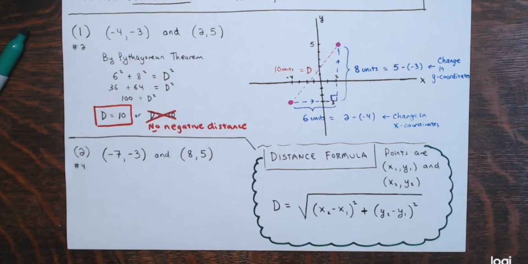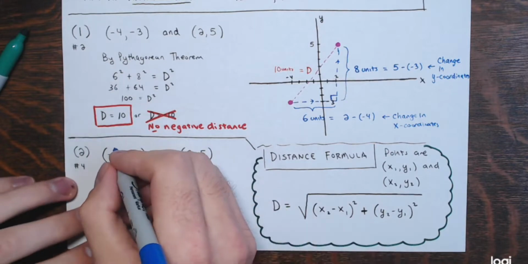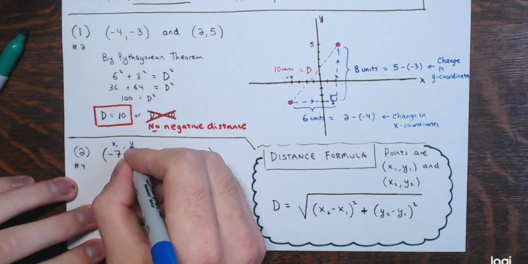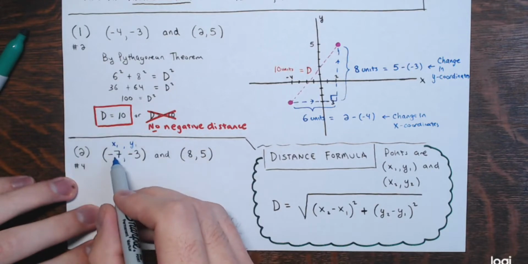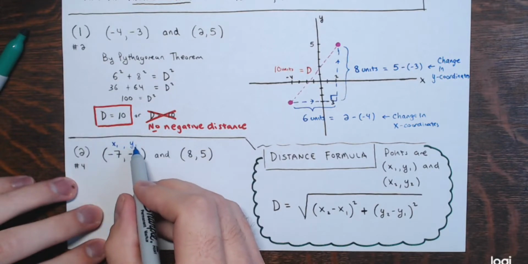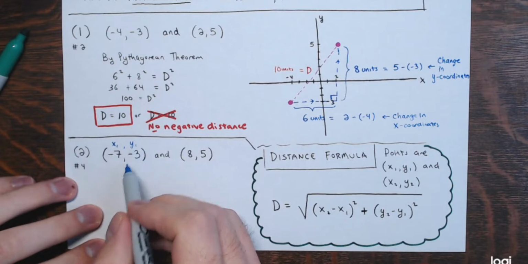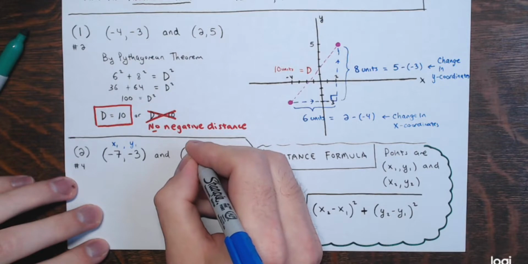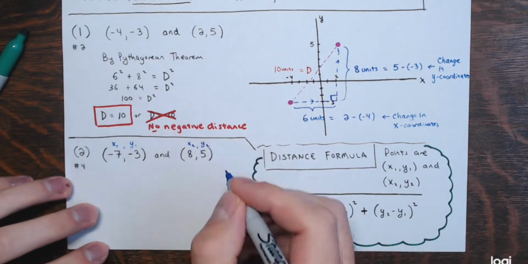Nothing wrong with that. It's just now that I have the formula established to find distance, I can just use it. So this I'll call x1 comma y1. And so x1 is -7. The first y coordinate, y1, is -3. And for the second point, 8, 5, that's x2, y2.